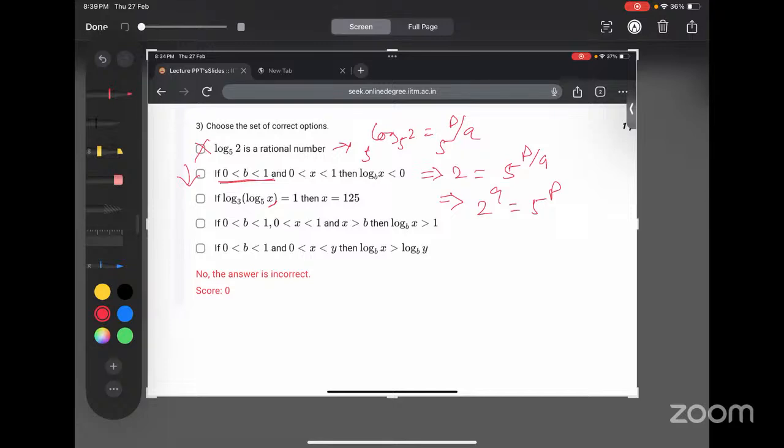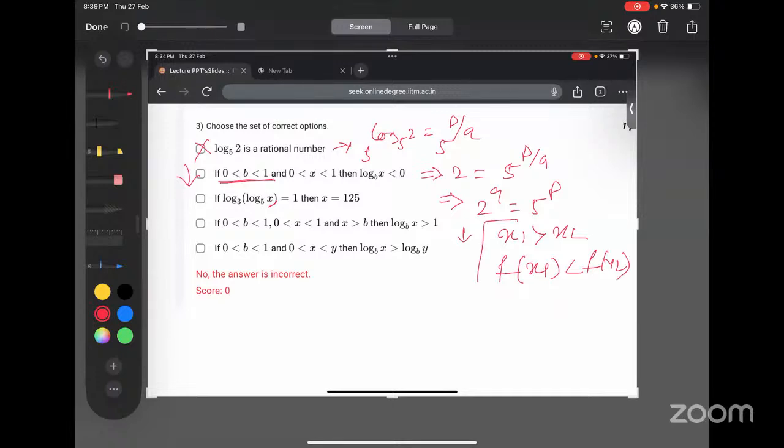Any justification? No? Okay, so what we know is, if a function is decreasing, then what is the definition? If x1 is greater than x2, then f of x1 is less than f of x2, right?